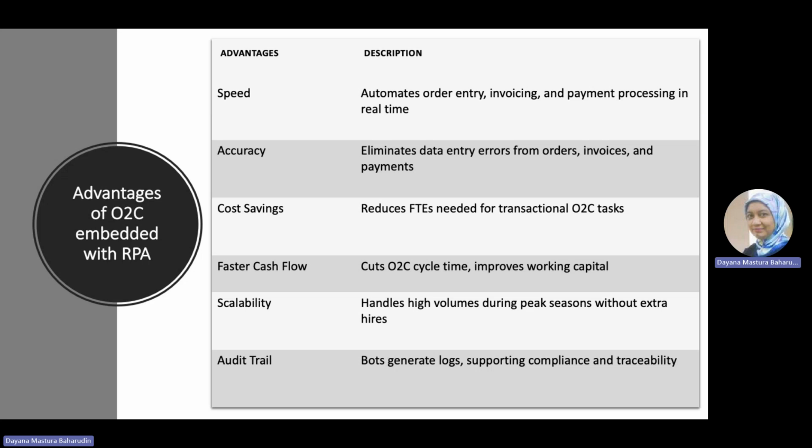Faster cash flow: cuts O2C cycle time, improves working capital. Scalability: handles high volume during peak season without extra hires, meaning without extra people. You don't need people now, you've got robots. And you've got the audit trail: bots generate logs supporting compliance and traceability.